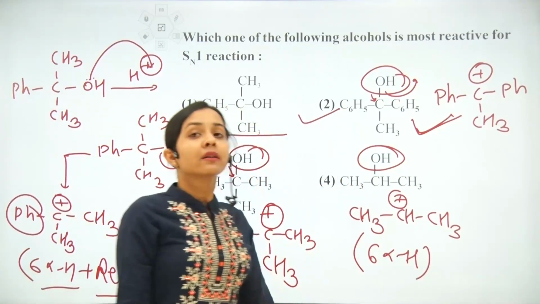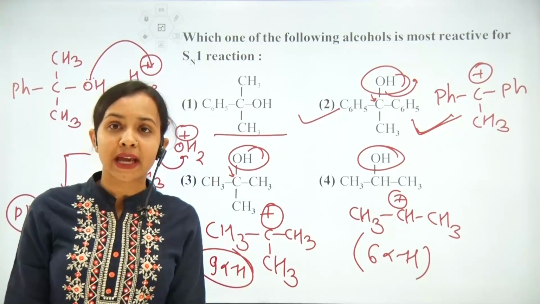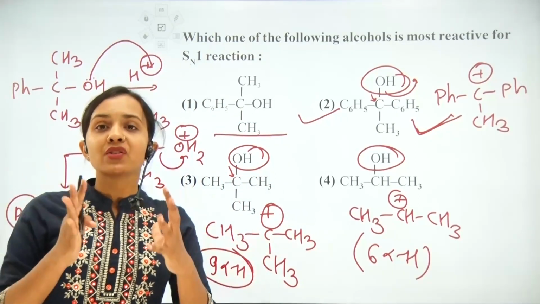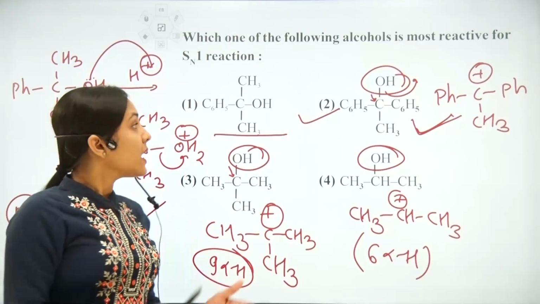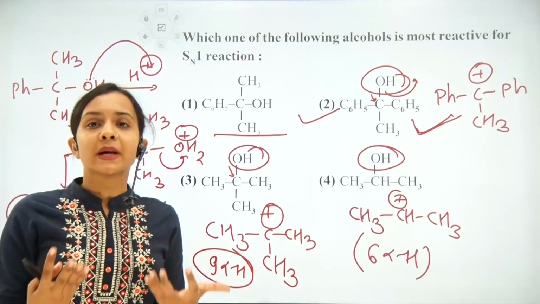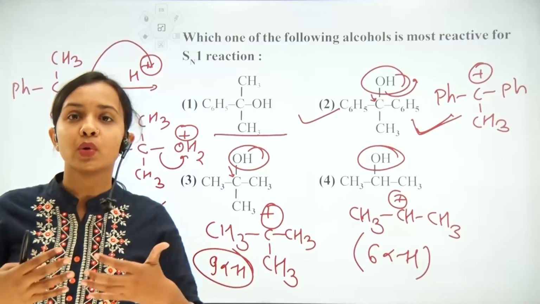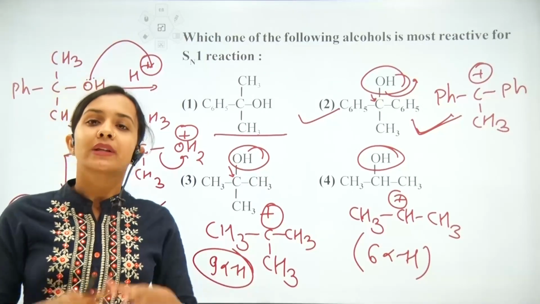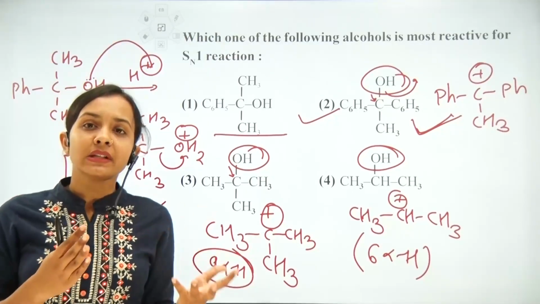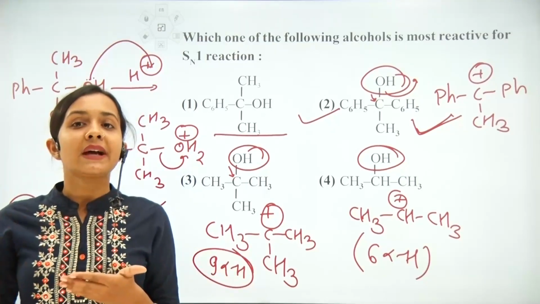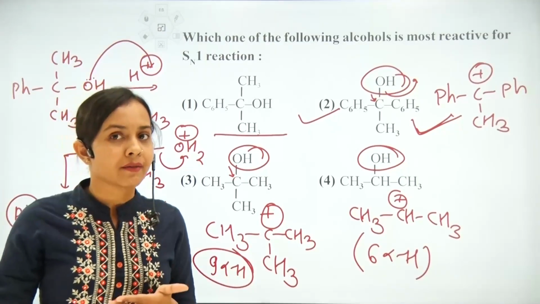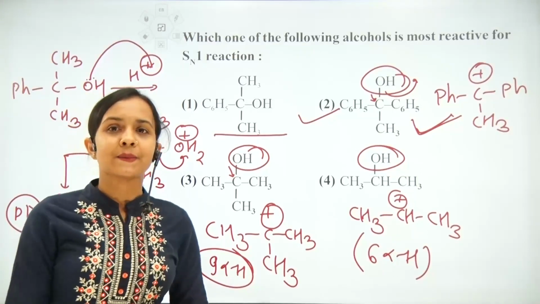This is the most reactive compound for SN1 reaction, right? So students, the point to be noted is that if a compound forms a more stable carbocation, then that compound will be more reactive for SN1 reaction. So reactivity of a compound for SN1 reaction depends on the stability of the carbocation, right? So option 2 is the correct answer. Thank you.